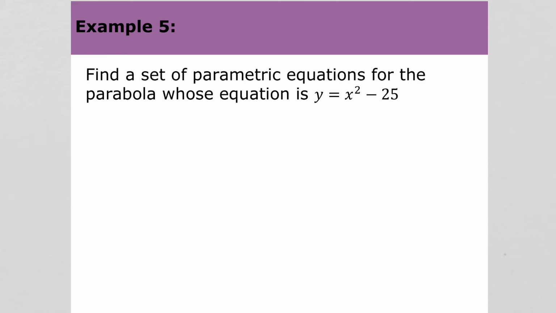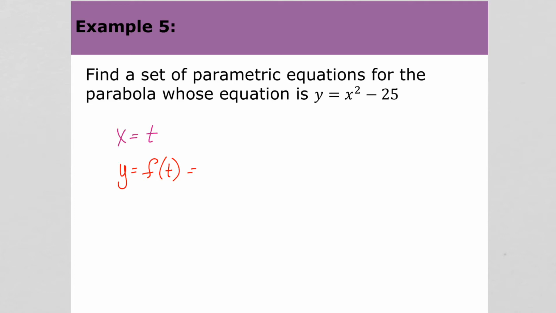For example 5, it says find a set of parametric equations for the parabola. This time it is a parabola, where y equals x squared minus 25. So again, let x be t, and let y be f of t.